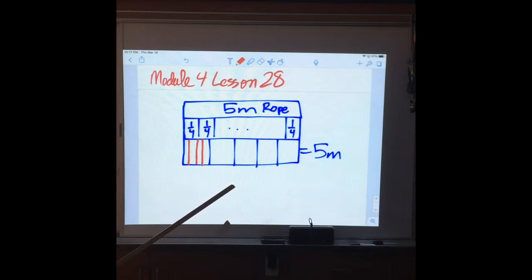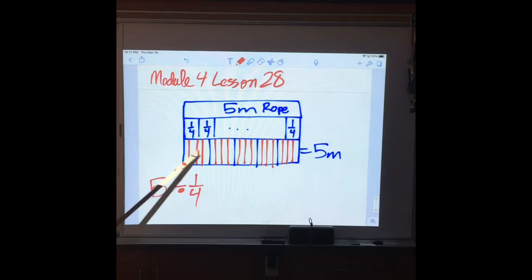I hope you're saying this is a dividing problem since we're cutting it up. So we have our 5. We're going to divide it by 1/4, right? Fourths. So we're going to cut this one up into half, fourths, cut my half into half, fourths, and so on.